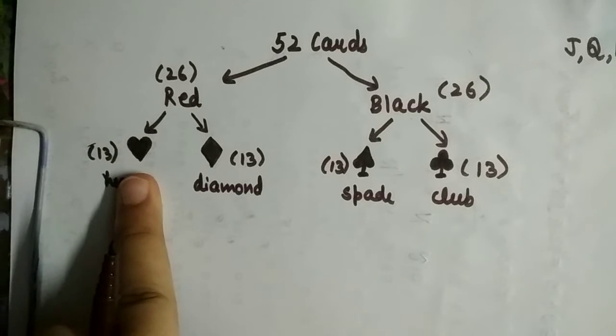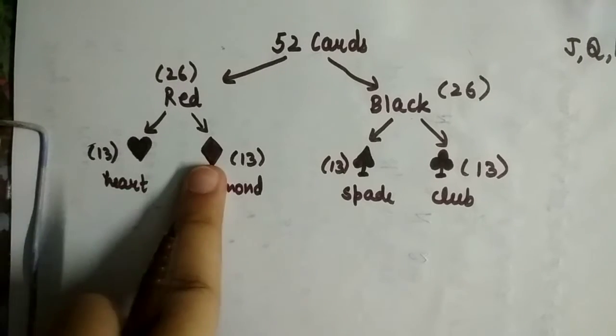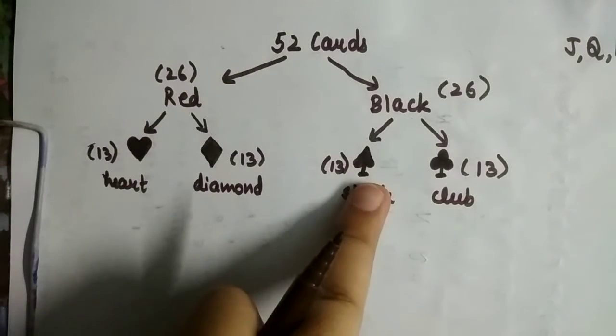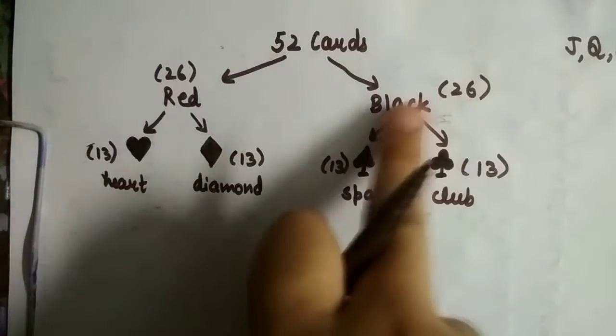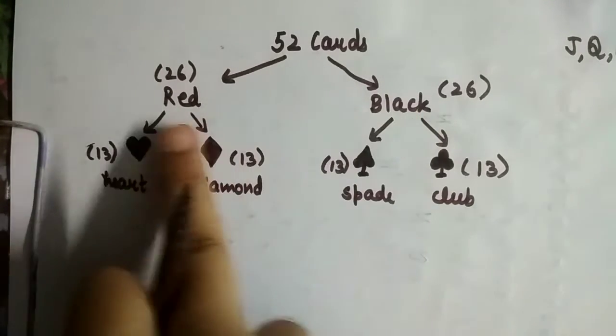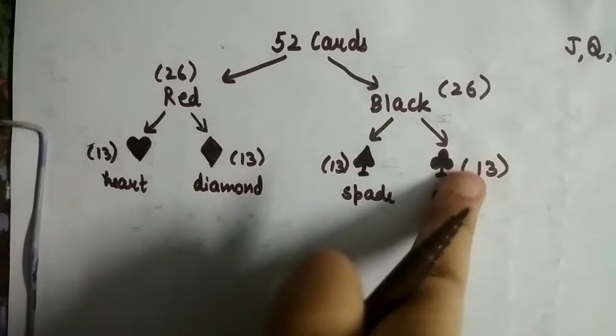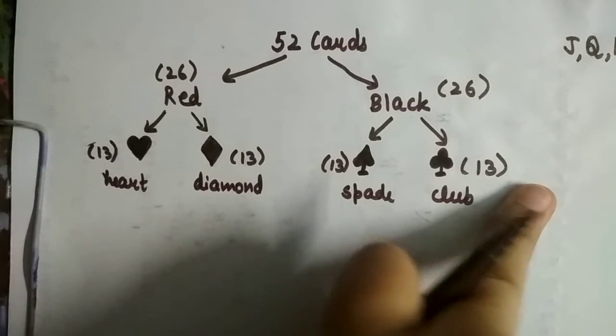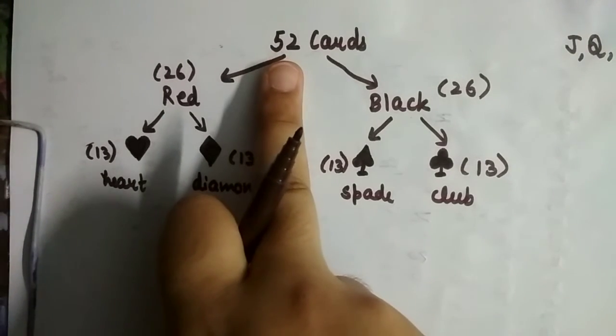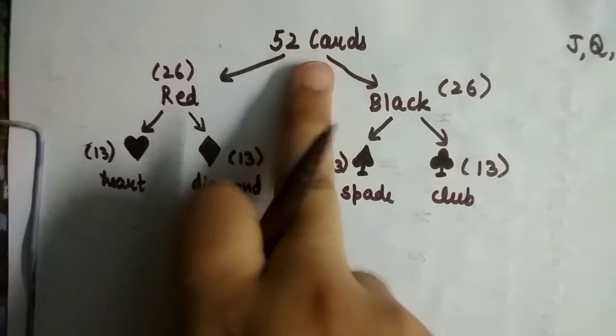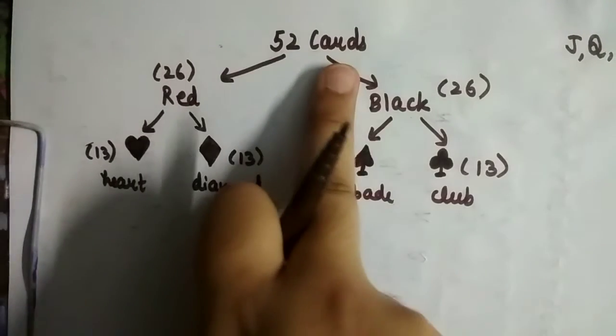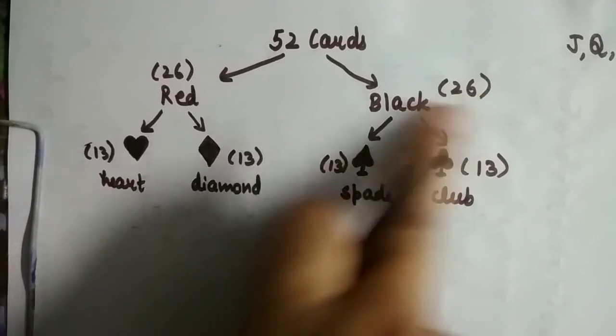One is heart, one is diamond, they both are of red color, and spade and club, they are of black color. And there are 13 cards in each suit. So total there are 52 cards in a deck of playing cards.